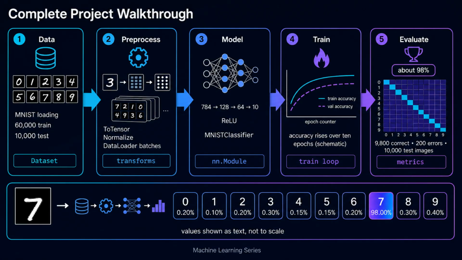Then we run the training loop for a set number of epochs, monitoring both training and validation metrics. After training completes, we evaluate on the held-out test set to get our final performance numbers. A well-tuned model on MNIST can achieve over 98% accuracy. The complete pipeline, from raw data to trained model, demonstrates every concept we have covered across this entire series.